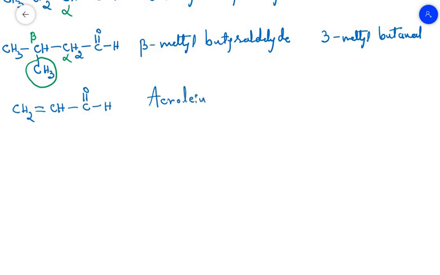If you see the nomenclature of this, preference is given to the functional group, which we number 1, and this becomes number 2, and this becomes number 3. So totally there are 3 carbon atoms, so the root word becomes prop. And since there is another substituent which is a secondary functional group, we write it as prop-2-en, followed by Al.